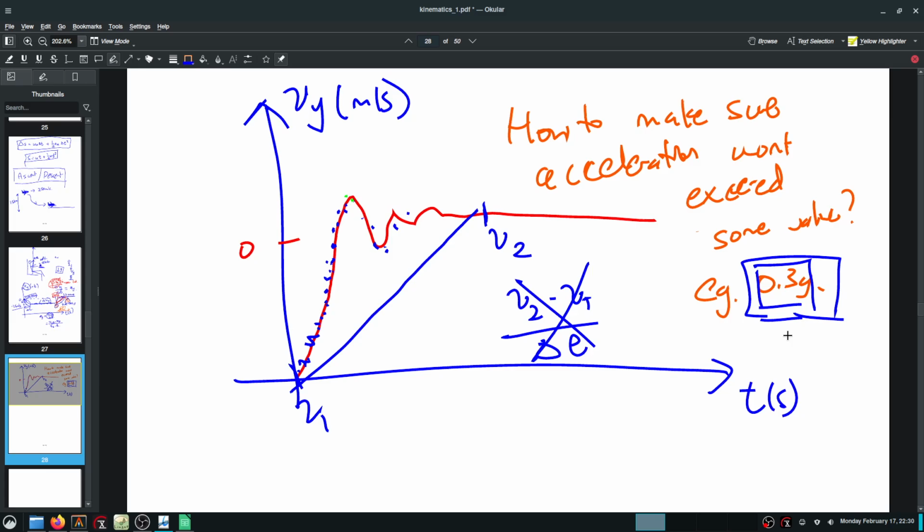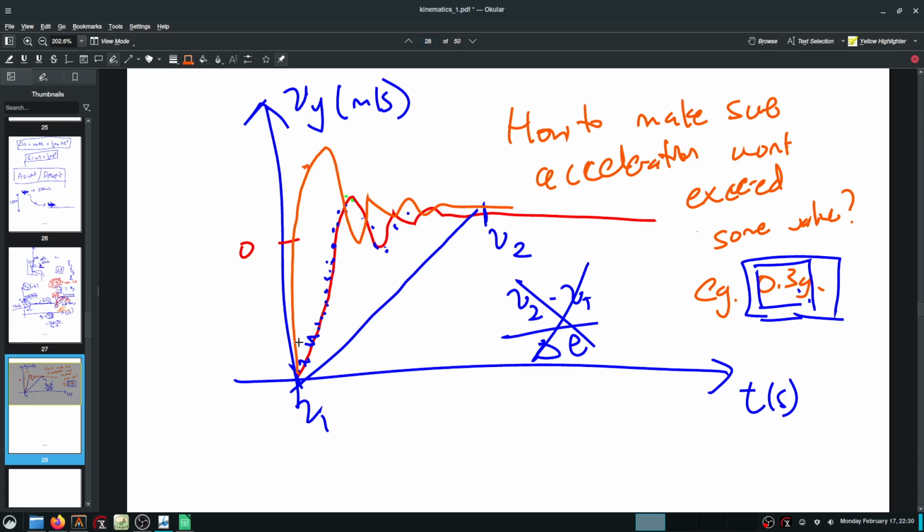During this design process, you need to test and develop the plane design so that you won't exceed this 0.3 g. Maybe your first plane design is really bad.